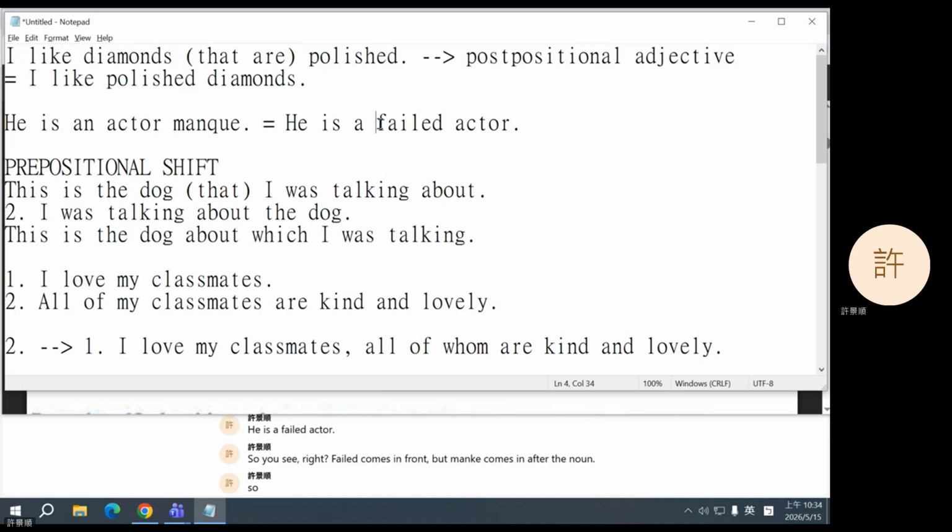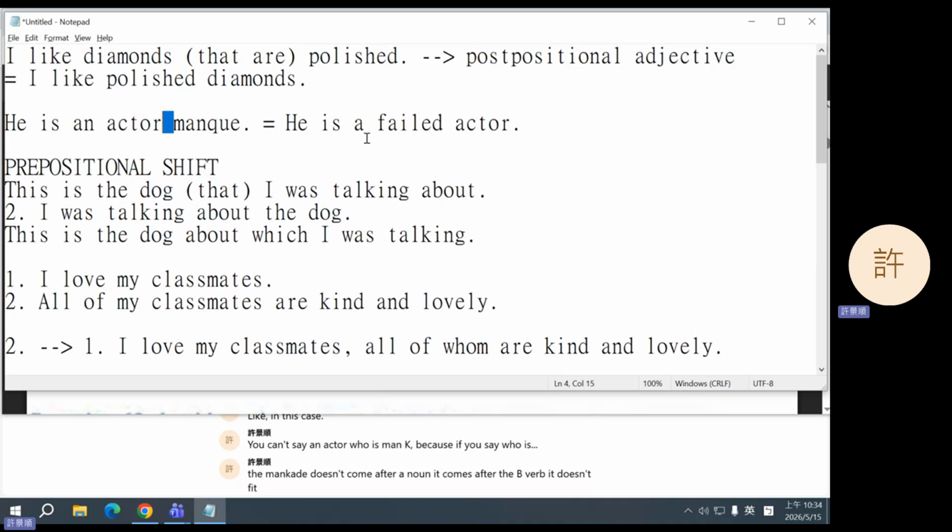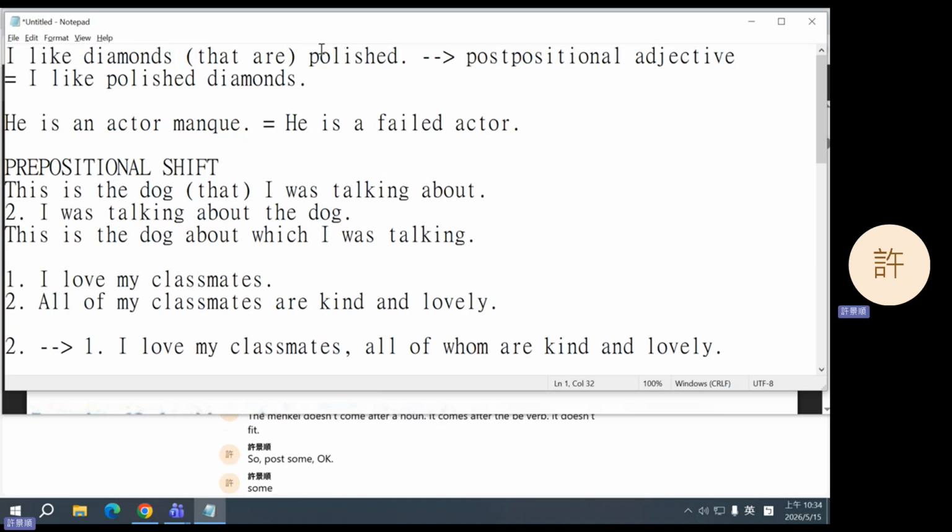Like in this case, you can't say an actor who is manqué, because if you say who is, the manqué doesn't come after a noun. It comes after the be verb. It doesn't fit. So some adjectives that can be used in relative clauses can be considered postpositional adjectives. But not every postpositional adjective can be put into a relative clause.